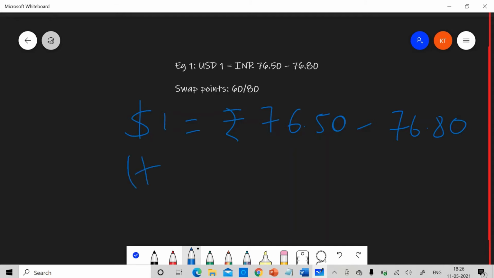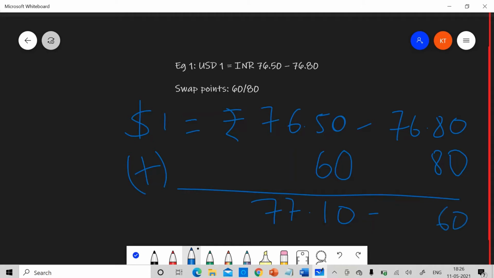So you start from the last decimal like this, and the forward rate would be $1 equals rupees 77.1 to 77.6. So what you're basically doing is starting from the last decimal and then adding.